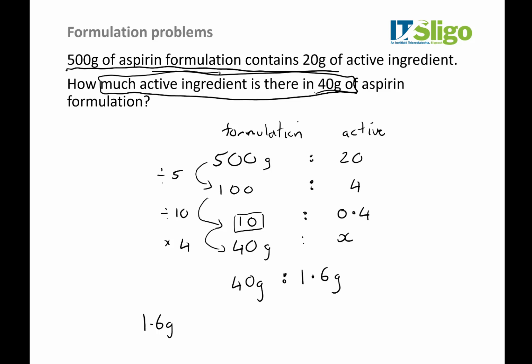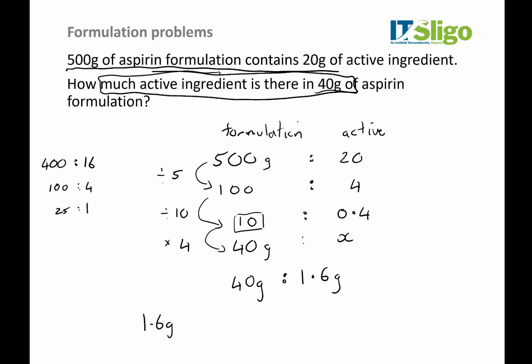If we were asked to express this ratio in its simplest form, that'd be a different deal. I'd have to multiply both sides by 100 and then divide both sides by 4 and then simplify again, and that's the ratio of active ingredient to formulation.